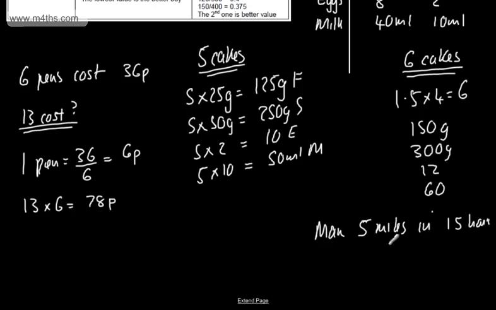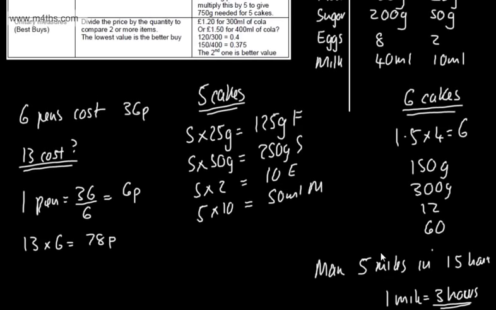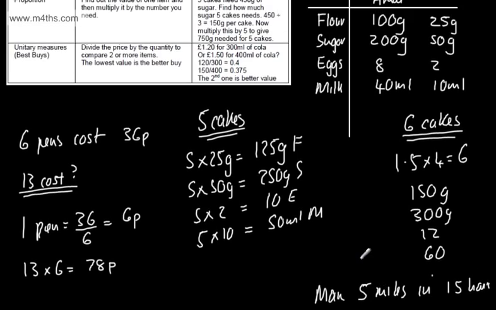Well, we can see that 1 mile will be equal to 15 divided by 5, which is going to be 3 hours. Pretty sluggish. So if we wanted to work out how long it takes him to do 7 miles, then all we would do is 7 times by 3, and that's going to give us 21 hours. Okay, pretty long old walk, nearly a day to do 7 miles. Not ideal, but hopefully you can see where that's going.